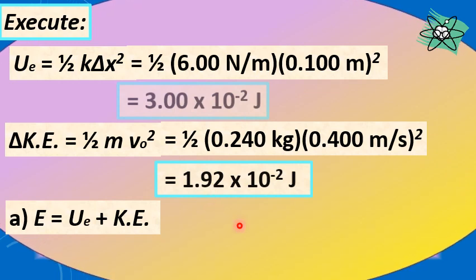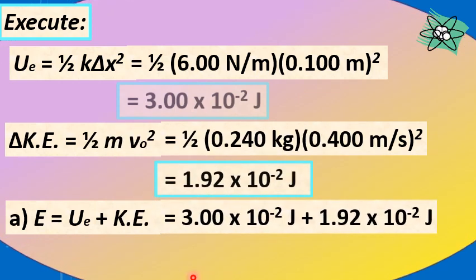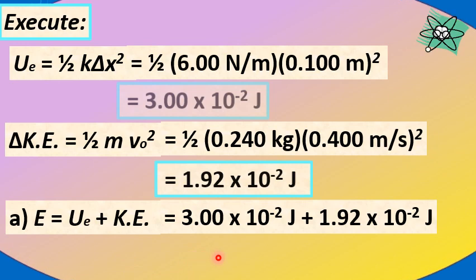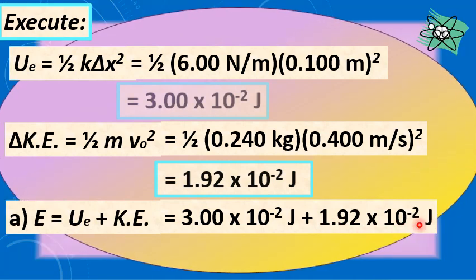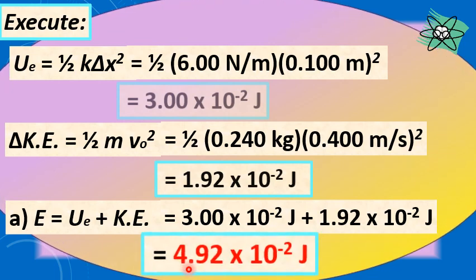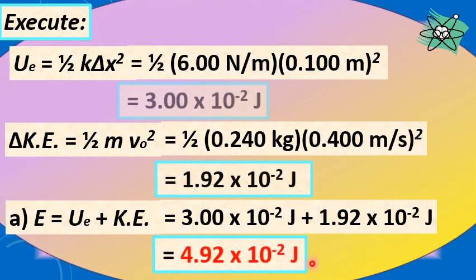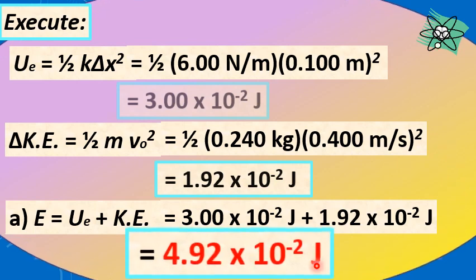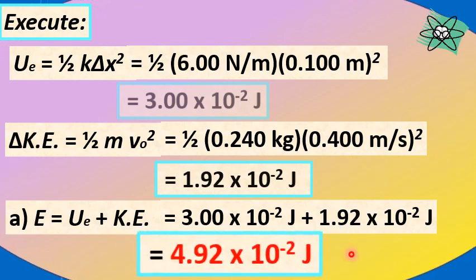Or that is, capital E equals 3.00 times 10 to the negative 2 joules plus 1.92 times 10 to the negative 2 joules, for a total of 4.92 raised to the negative 2 joules as the total mechanical energy of the system.